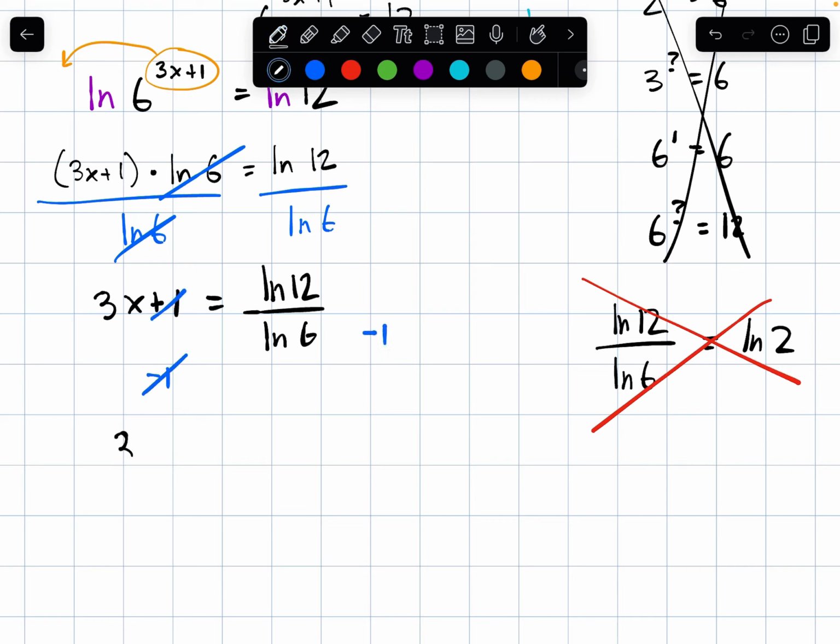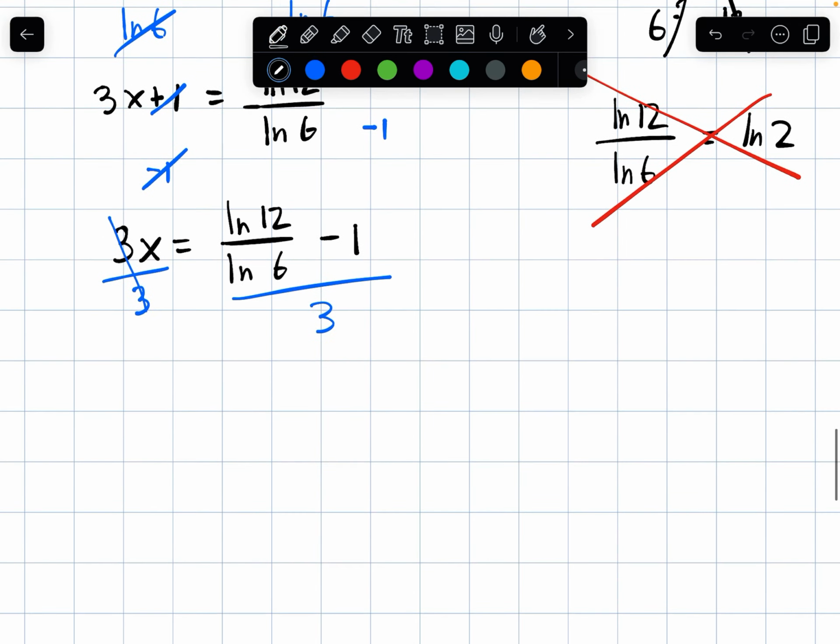Now we have 3x equals ln of 12 divided by the ln of 6, and then we're subtracting 1. Last thing I have to do is divide by 3, so we're going to divide all of this by 3. So x equals the ln of 12 divided by the ln of 6 minus 1, and then all of that is divided by 3.